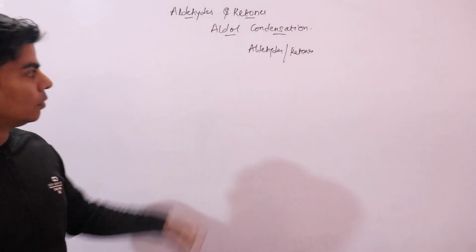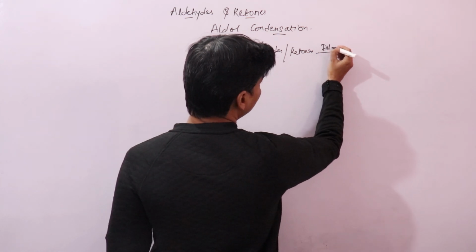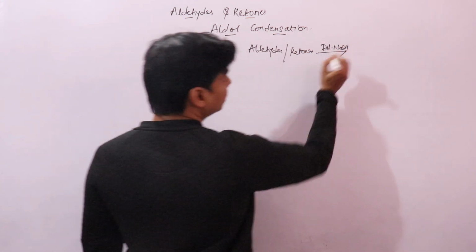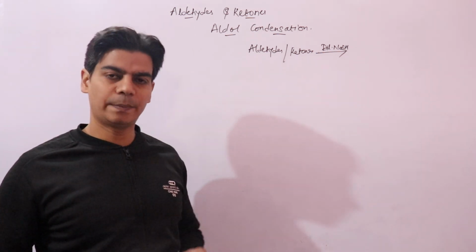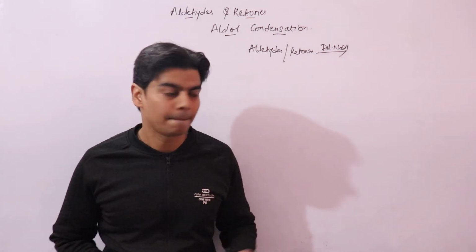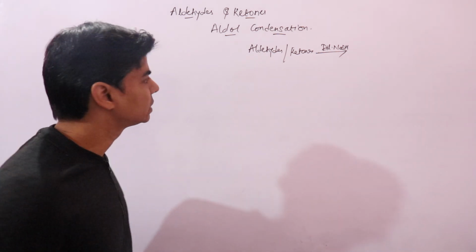will undergo self-condensation in the presence of dilute sodium hydroxide. This is important to mention in this reaction, that this reaction takes place in the presence of dilute sodium hydroxide. And what this sodium hydroxide will do, we'll see that in the mechanism of this reaction.